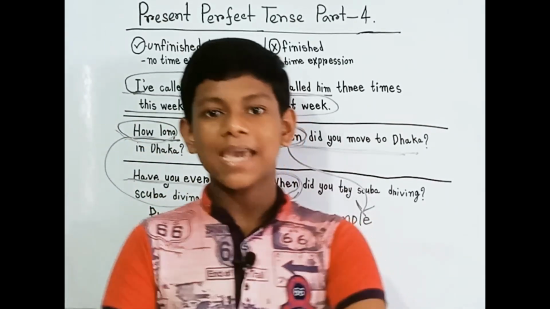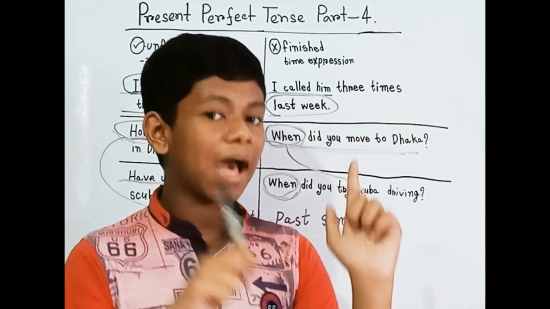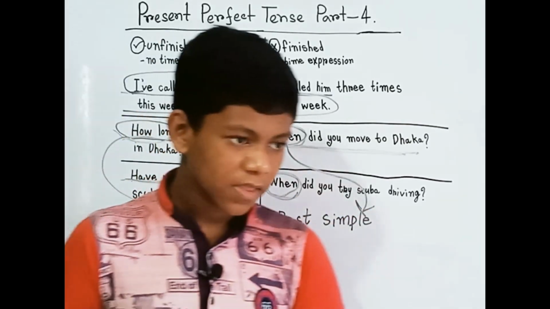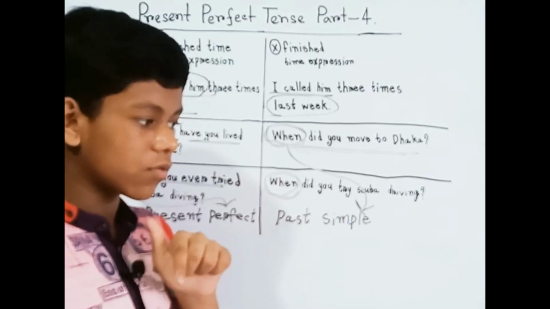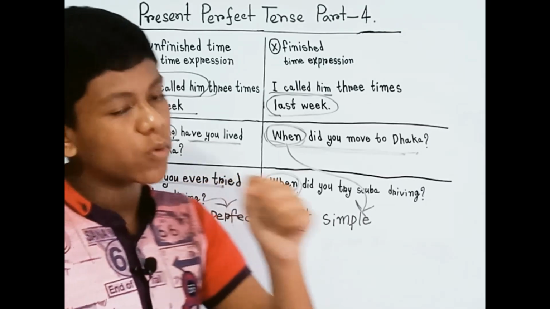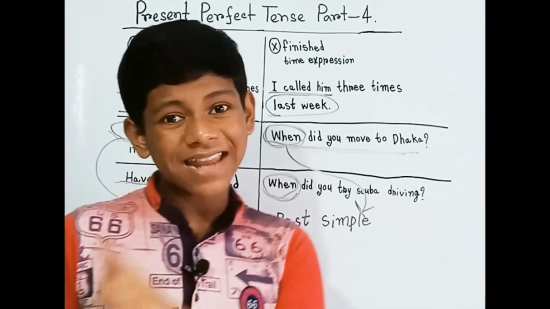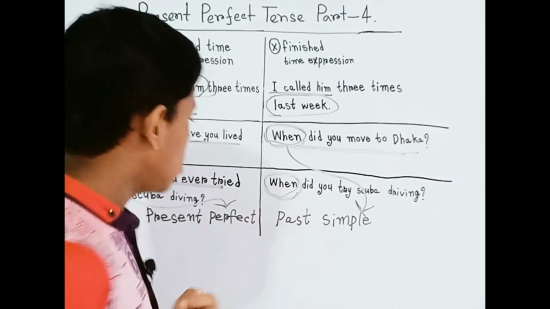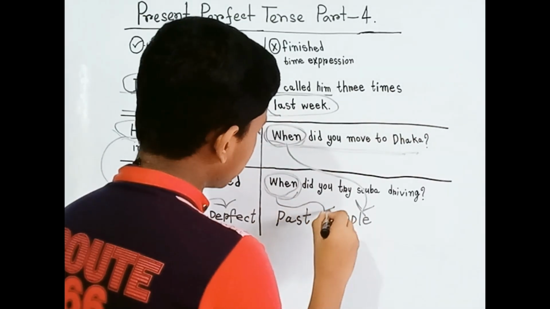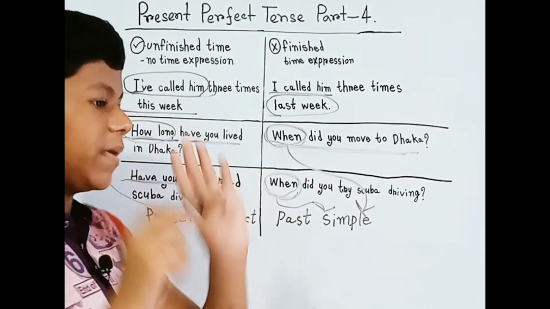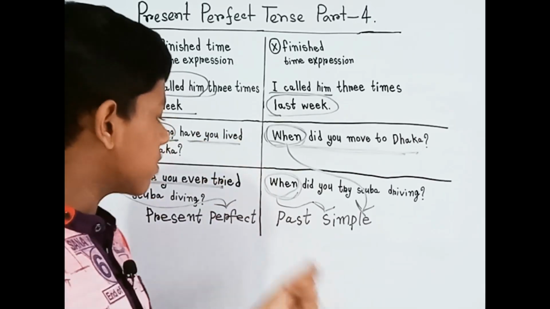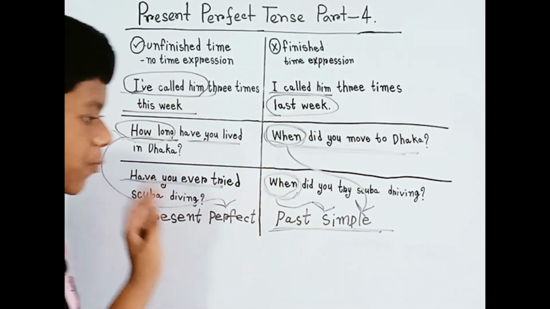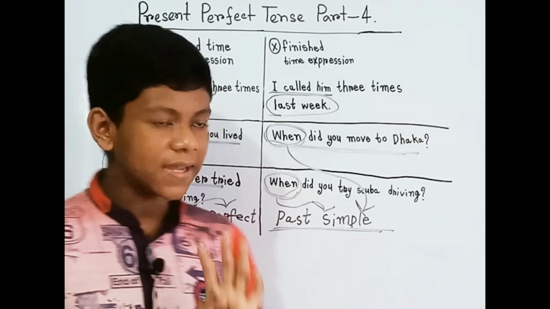It indicates the past, that the action happened in the past. So the word when will always match with the past simple tense. You have to remember this and mark it as well.